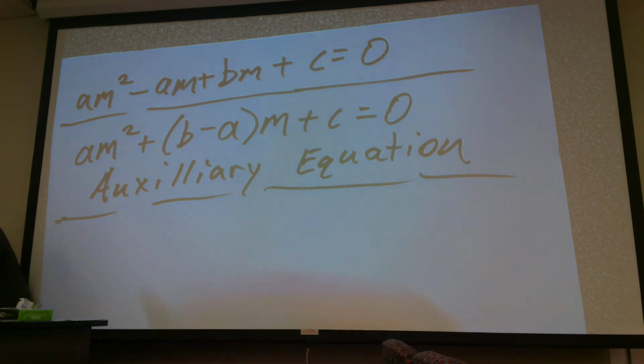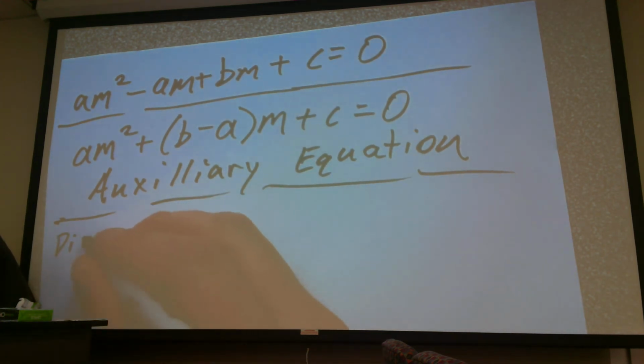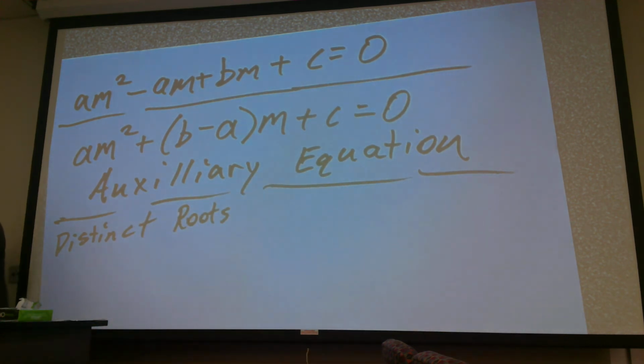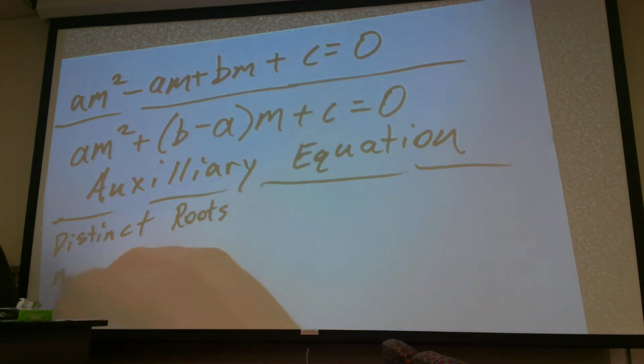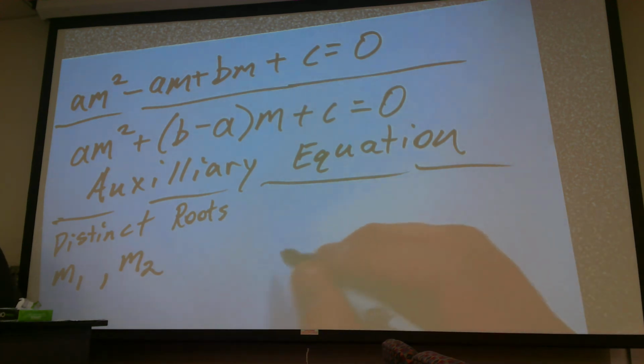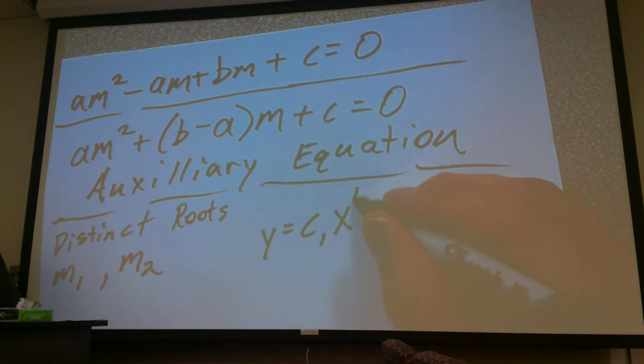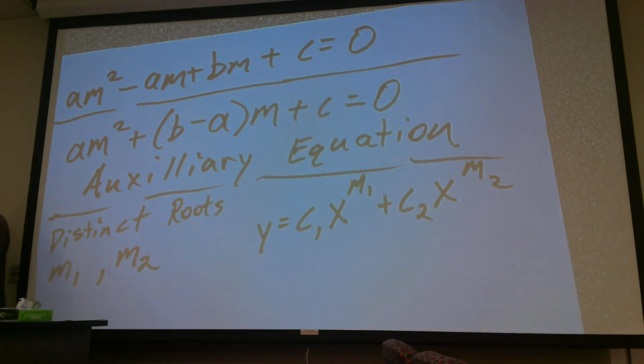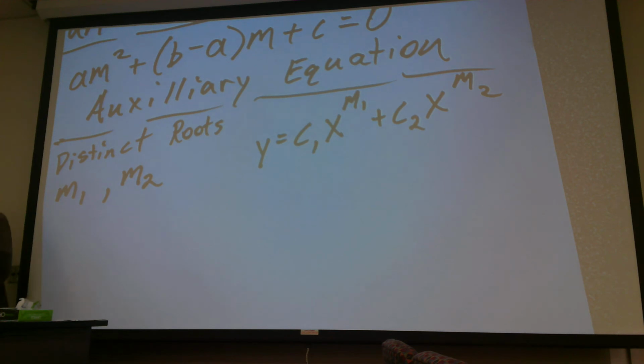So if we have distinct real roots, m1 and m2, well then y is going to equal c1 x to the m1 plus c2 x to the m2. Okay, so that's for distinct roots.